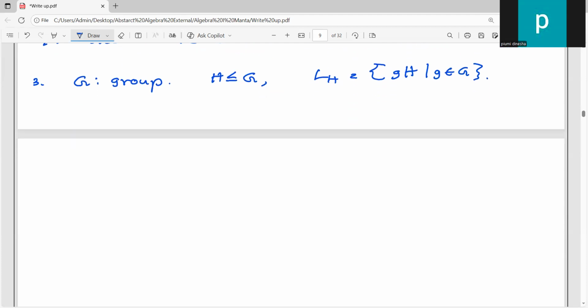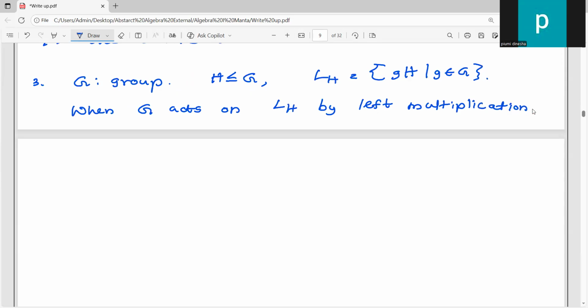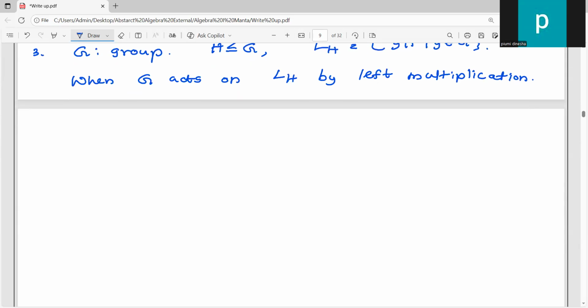Right? Now, let's consider when G acts on LH by left multiplication. So how do we define this?